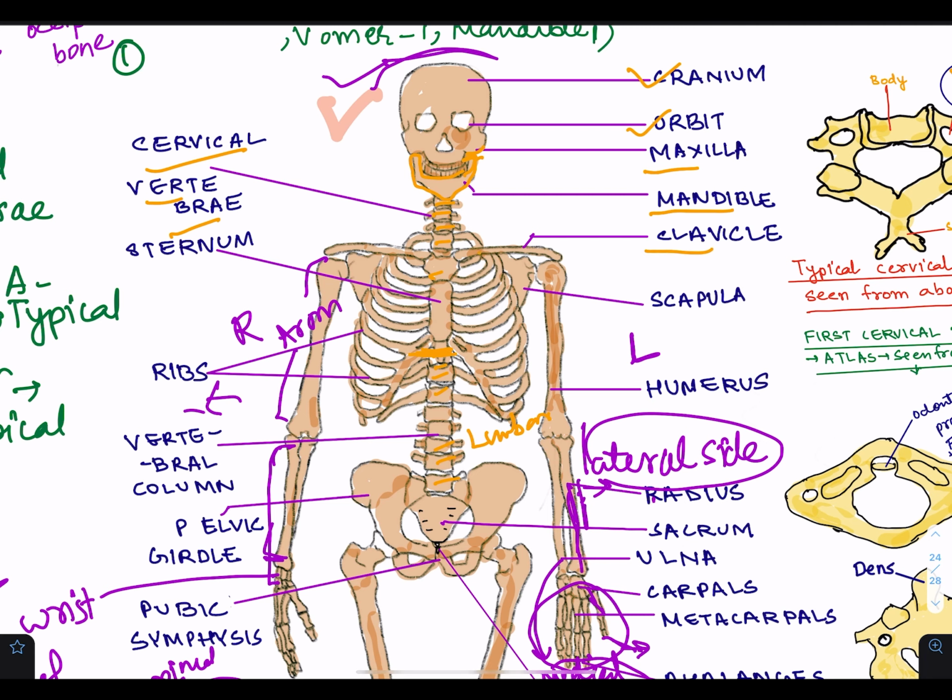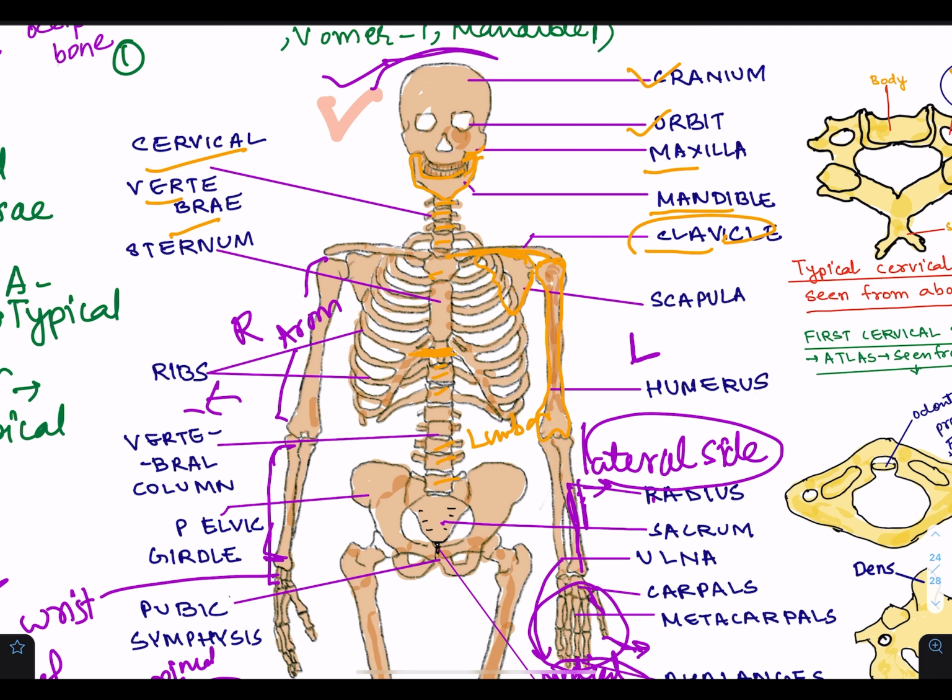This bone is known as clavicle. Then the arm, this is the humerus bone. This humerus bone and this bone scapula, half of which we can see here, but the remaining is hidden behind.